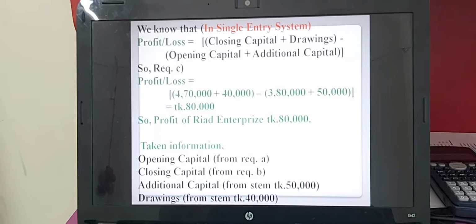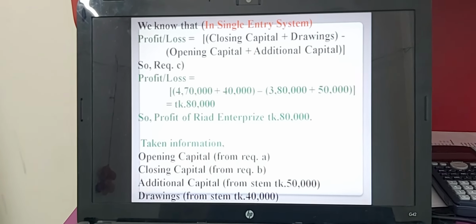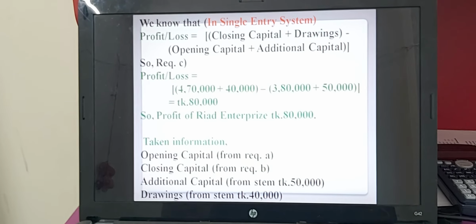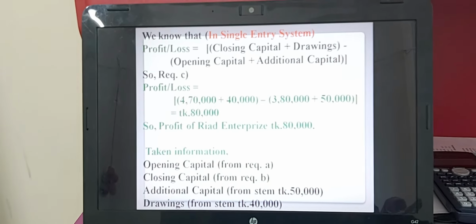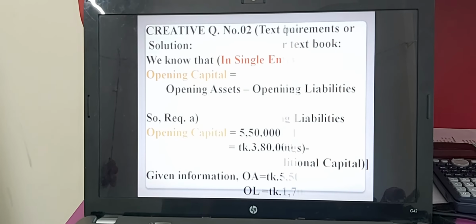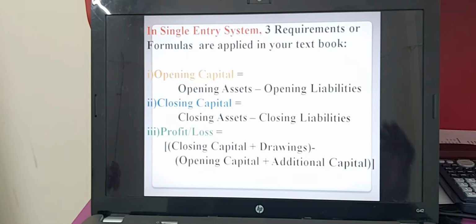You have to memorize it and write it in your copy several times. So again, I am saying the formulas of single entry system.